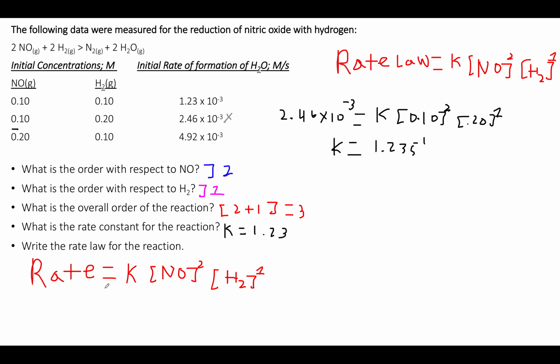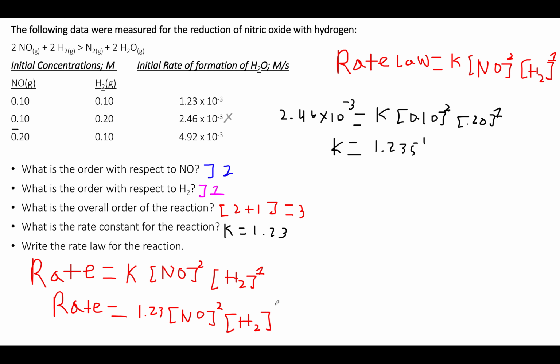Now we could put in our number for K here. We could say that any rate would equal K, 1.23, times the concentration of NO squared, because its order is 2, times the concentration of hydrogen gas, and that order is 1, so it would just be 1.